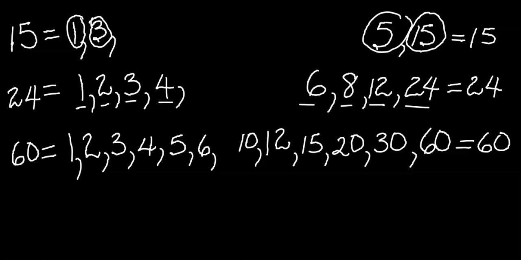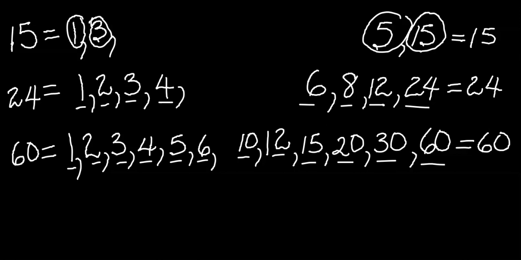So, same thing for 8, same thing for 9. So, 60 has 1, 2, 3, 4, 5, 6, 7, 8, 9, 10, 11, all of 12 factors, boys and girls.